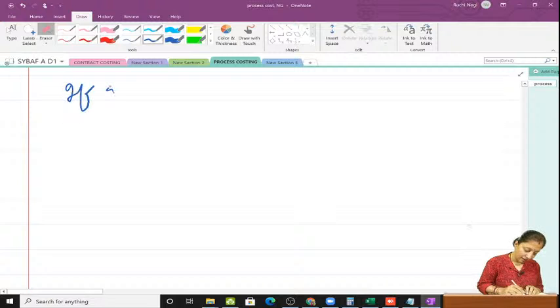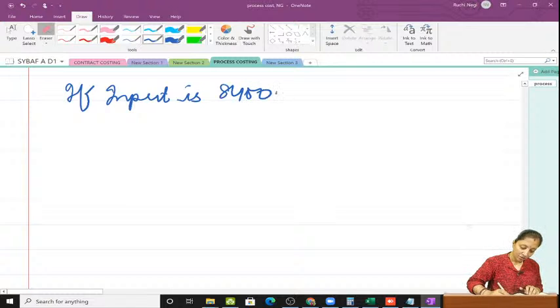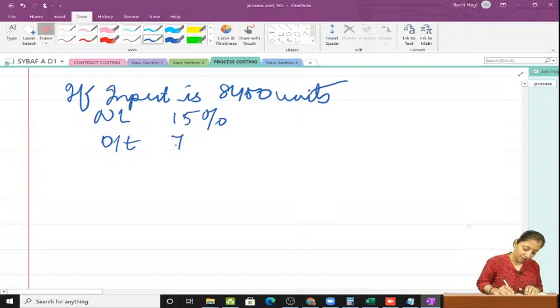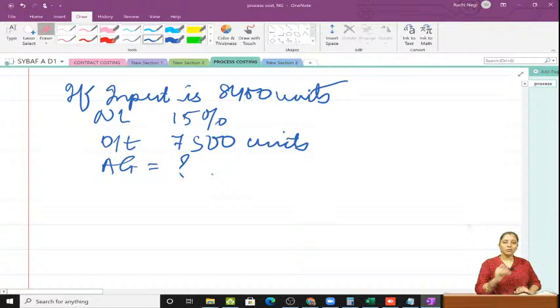If input is say 8400 units, and your normal loss is 15%, and your output is 7500 units, then how much will be your abnormal gain, students? Such small concepts you should be clear with, because this is the main part of a sum. Your input is 8400 units, your normal loss is 15%, your output is 7500 units. So what would be your abnormal gain?